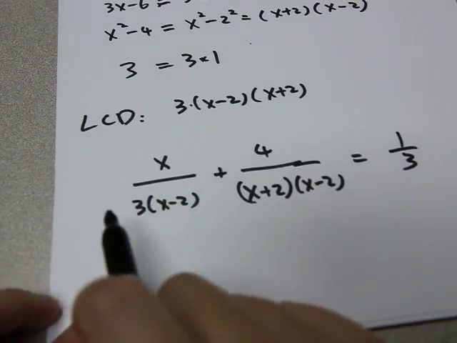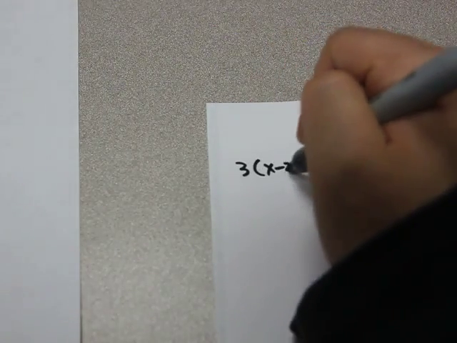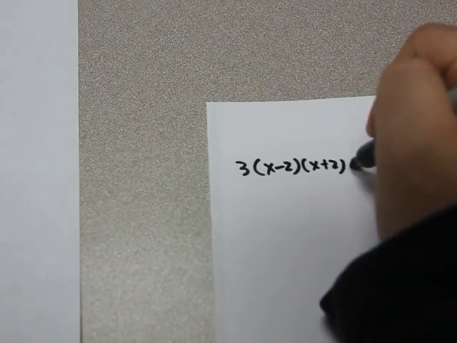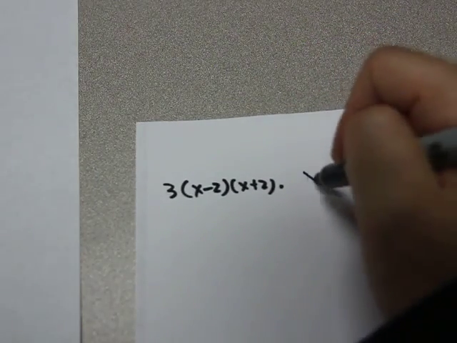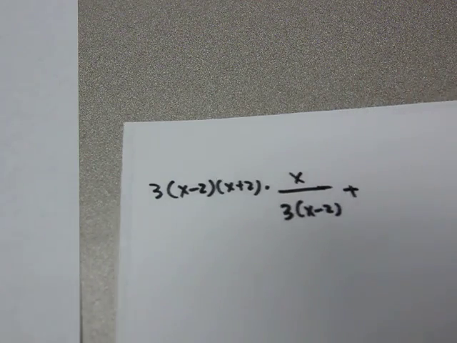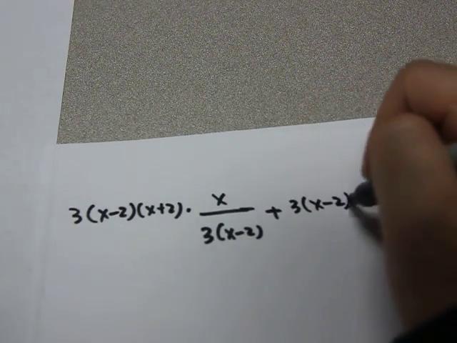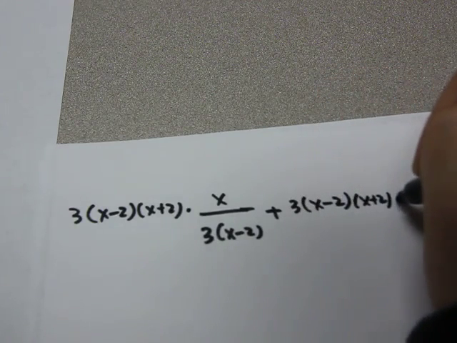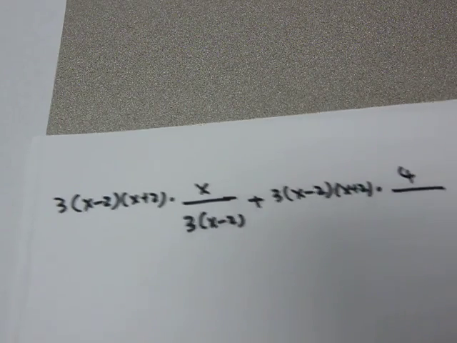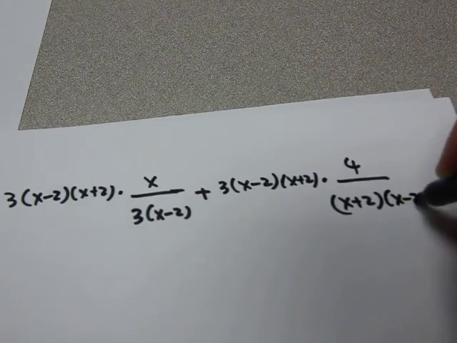Okay, so now let me multiply both sides of the equation by the least common denominator. And plus 3 times x minus 2 times x plus 2 multiplied by 4 over x plus 2 times x minus 2.